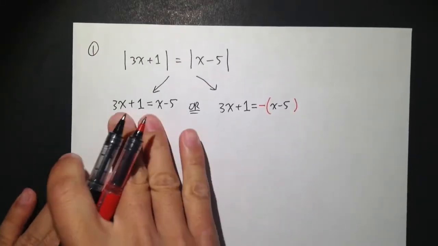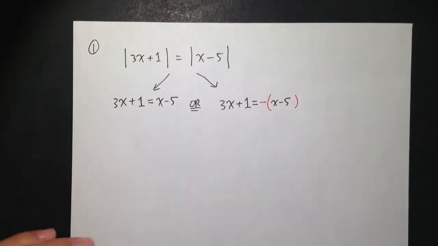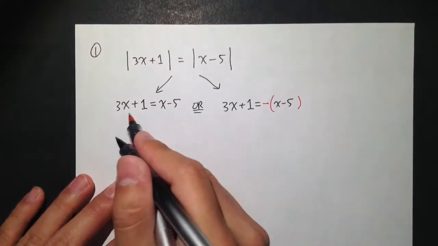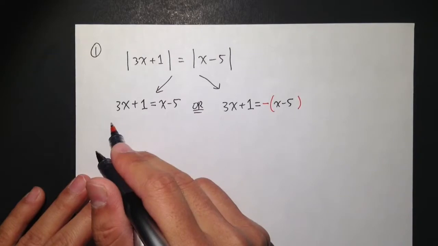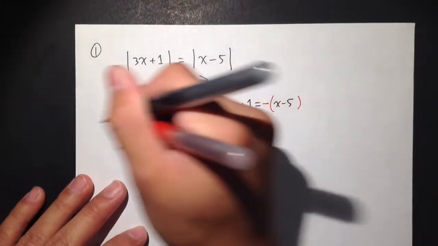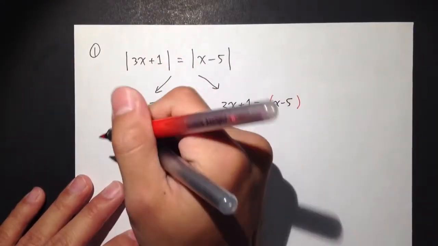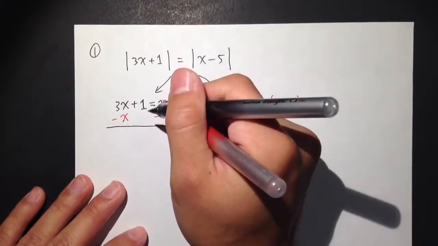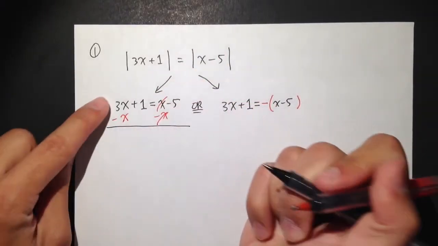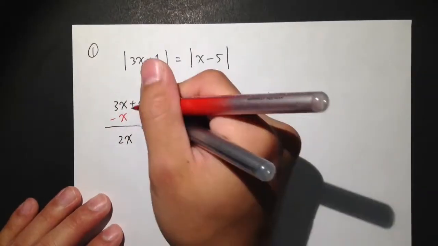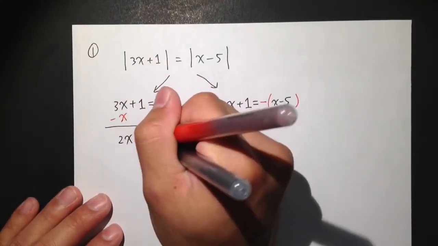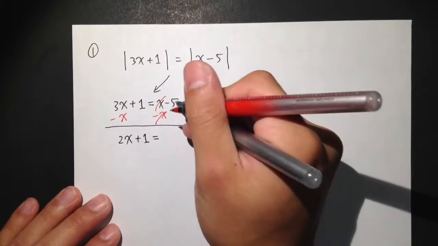Once we have this done, we can solve this normally. I have 3x plus 1 is equal to x minus 5. Let me put all the x on the left hand side. So let's subtract x on both sides. Here the x cancels out on the right. I have 3x minus x, that's 2x, and let me write down the plus 1, it's equal to negative 5.